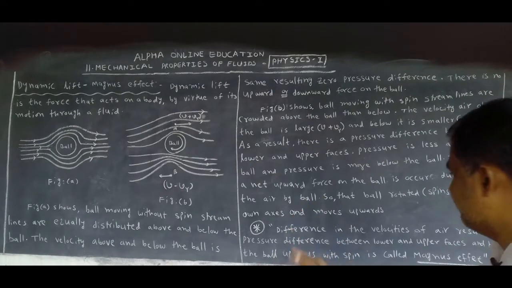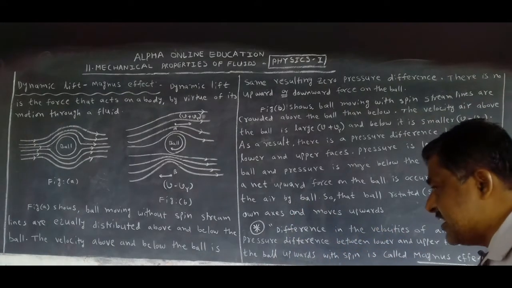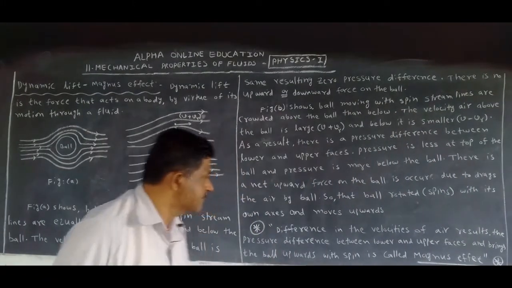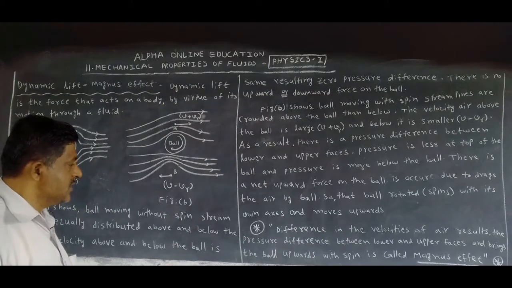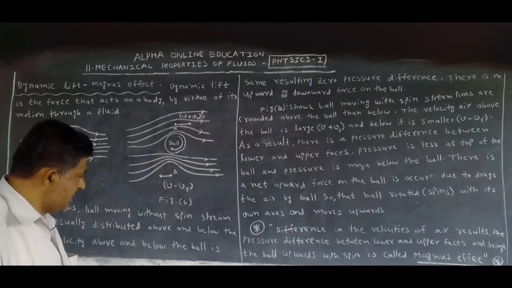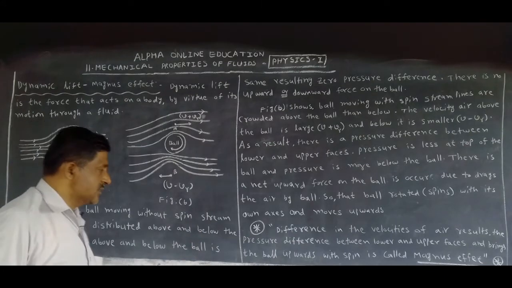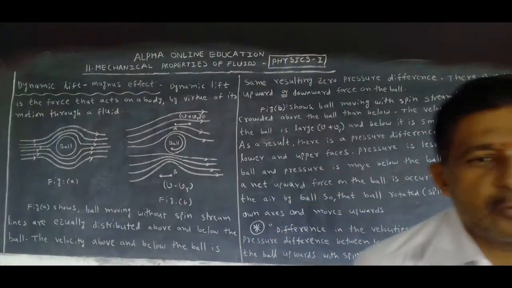How can we define it? The difference in the velocities of air causes a pressure difference between the lower and upper faces and brings the ball upwards with the spin, which is called the Magnus effect. This is a very, very important question in this chapter for 4 marks.